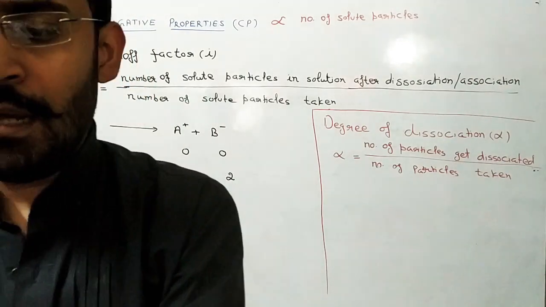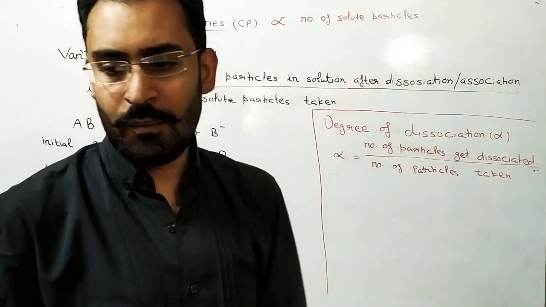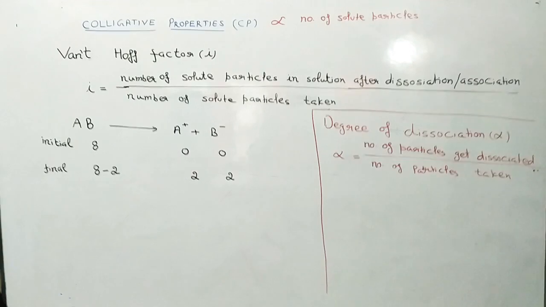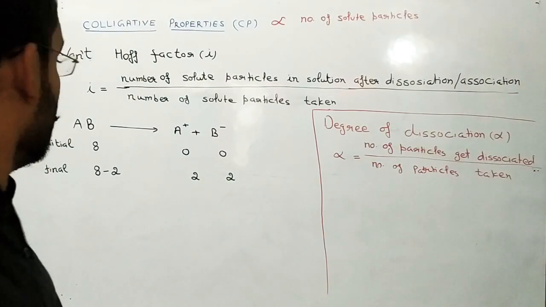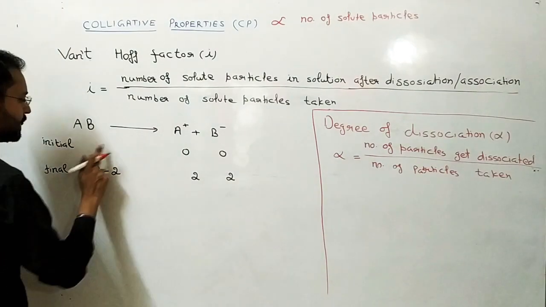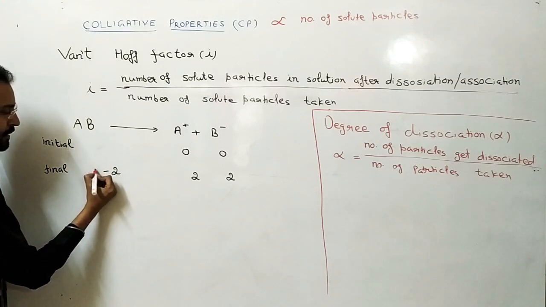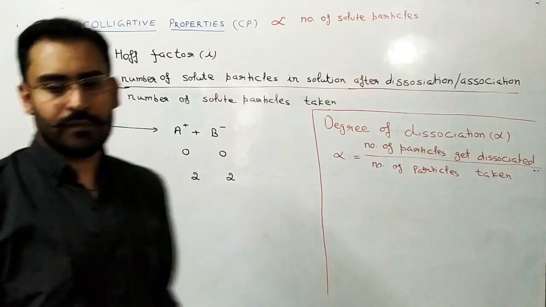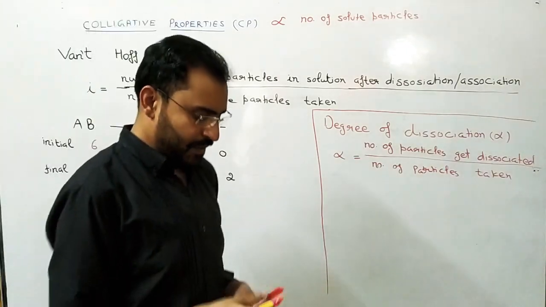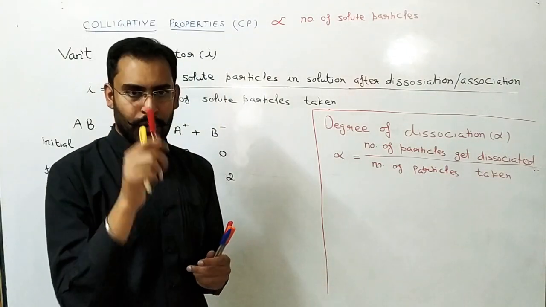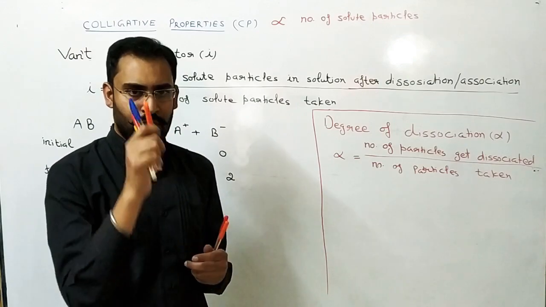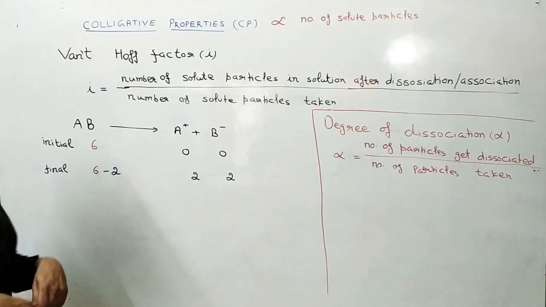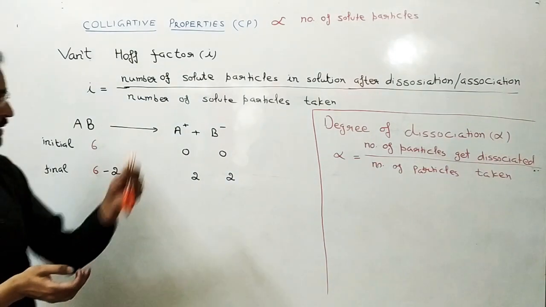Again, I'm just demonstrating this with the example of the pen. Initially, we have not 8, but 6 pens. 1, 2, 3, 4, 5, 6. 6 solute particles which are to be dissolved in water.